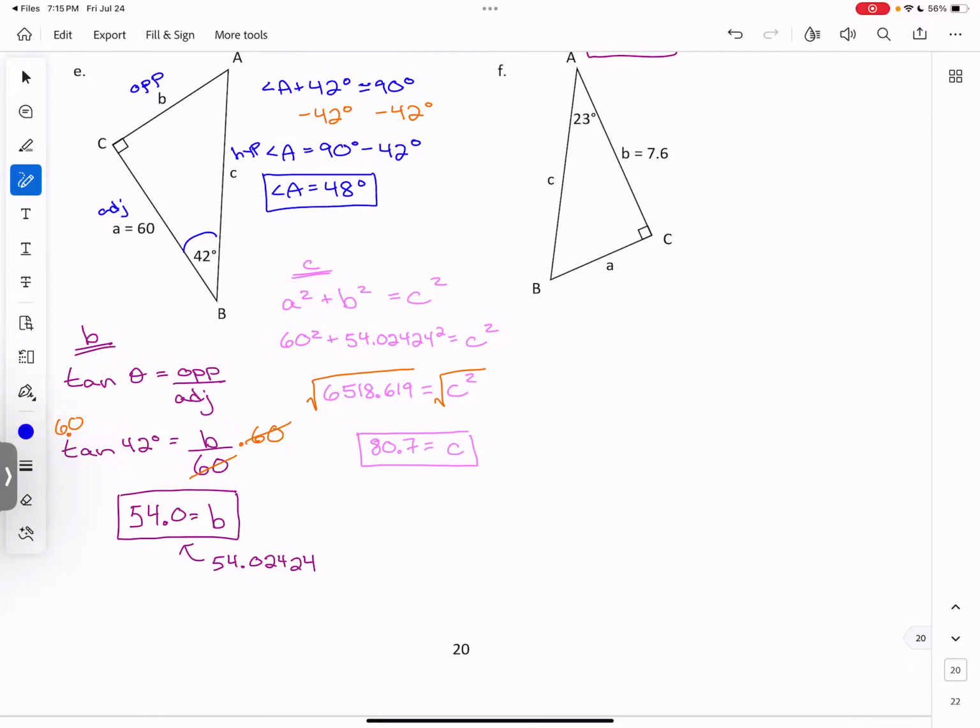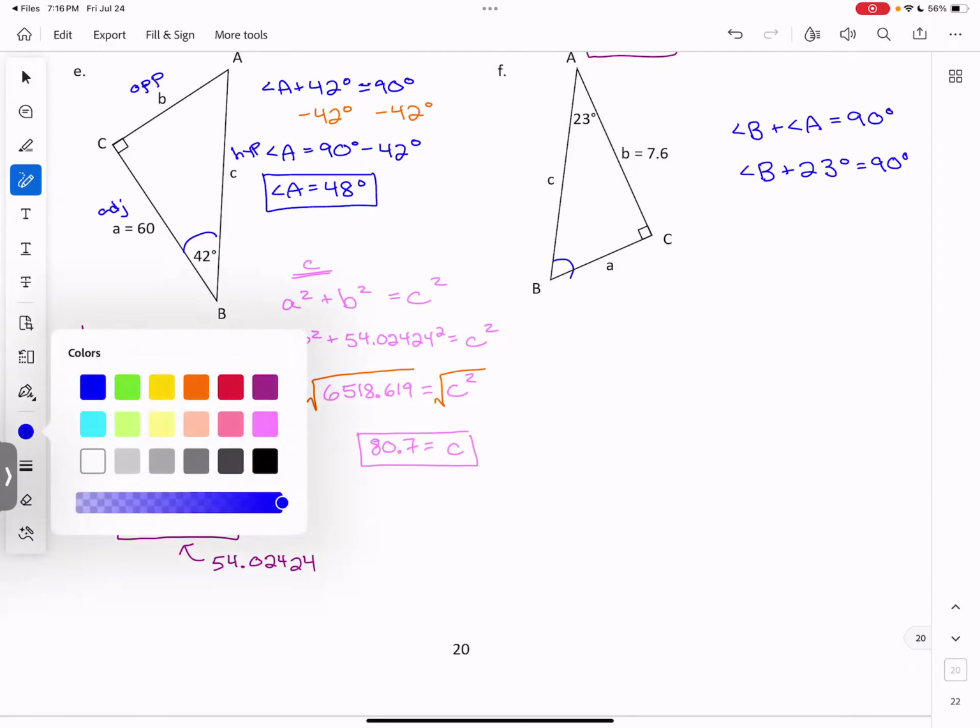Okay, next one. We want to solve this triangle here. Let's start with angle B. So we know angle B plus angle A have to add to 90 degrees since this is a right triangle. And A is 23 degrees.